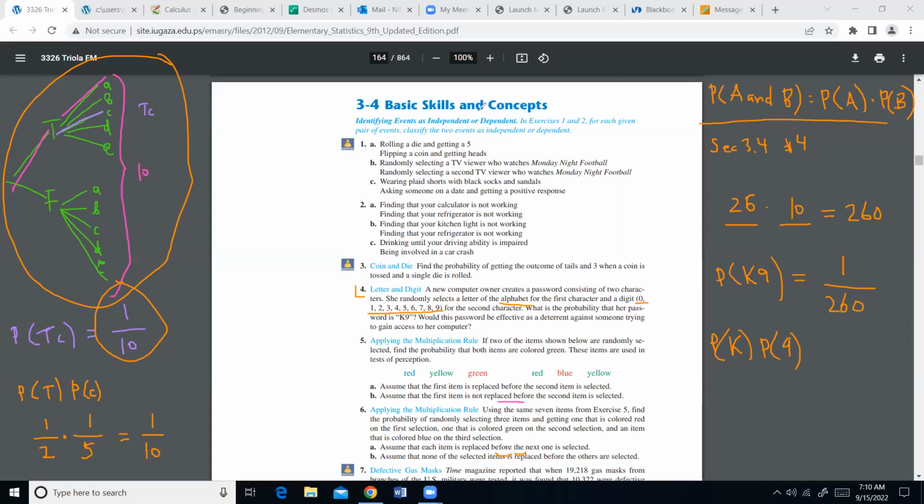So you could have just multiplied the probability of K separately by the probability of 9. And for K, letter K is 1 out of 26 letters in the alphabet. And digit 9 is 1 out of 10 digits. And if you multiply these two, it'd be exactly the same as 1 out of 260. So this is the other way of doing the problem.